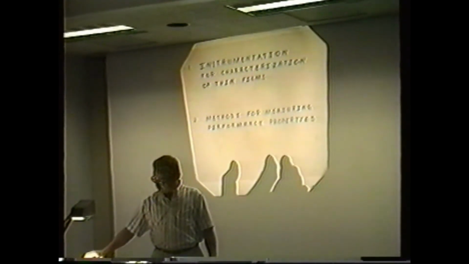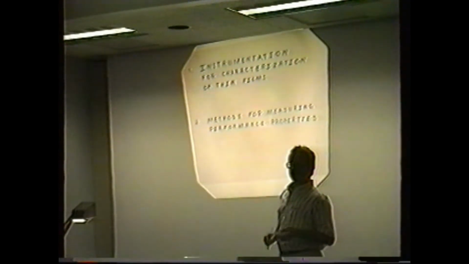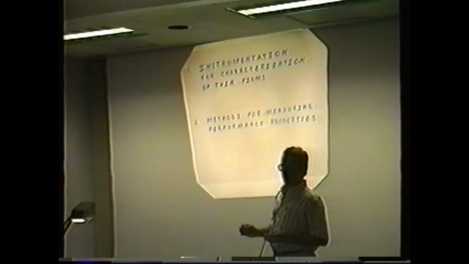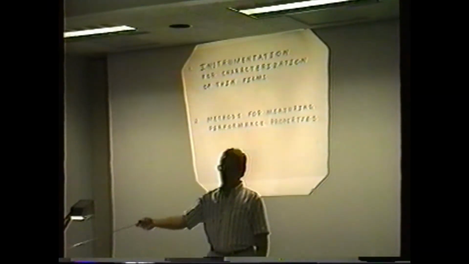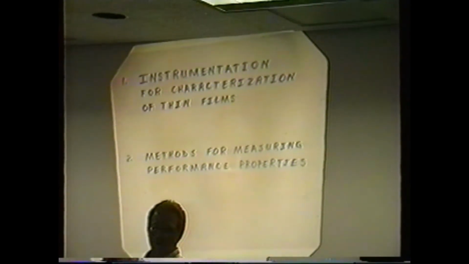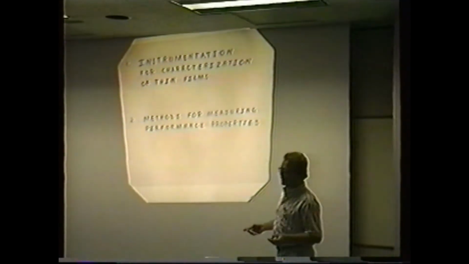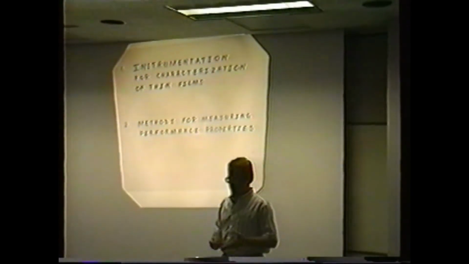Okay, our case study challenge was to develop instrumentation for the characterization of high temperature superconducting thin films, which obviously these are not. Also, we wanted to look for methods that would measure the performance properties of high temperature superconducting thin films. There are several mechanisms for the manufacturing of thin films, and we really don't want to delve into that at this time.